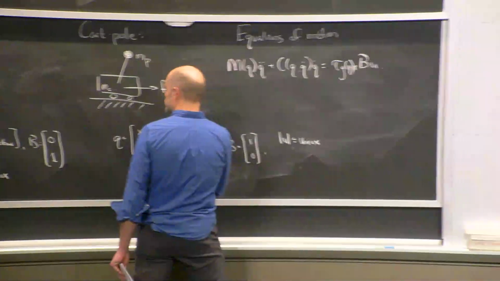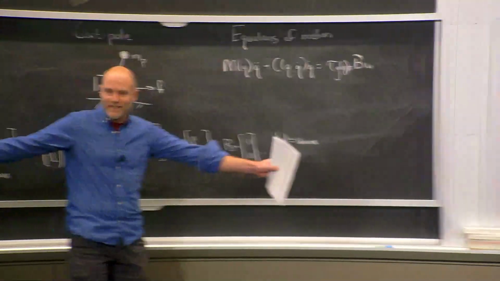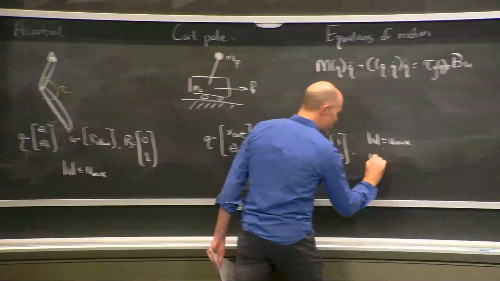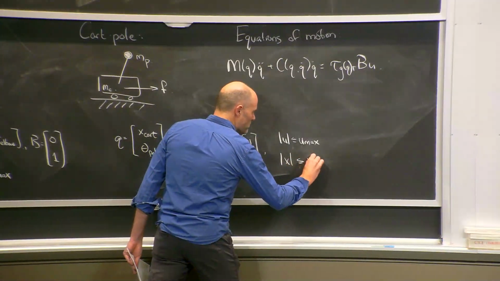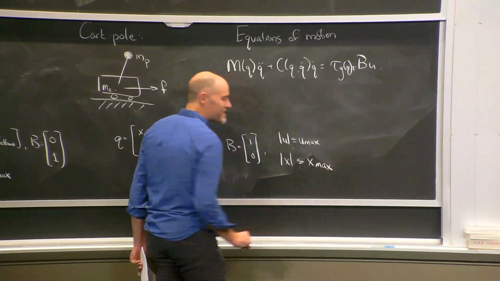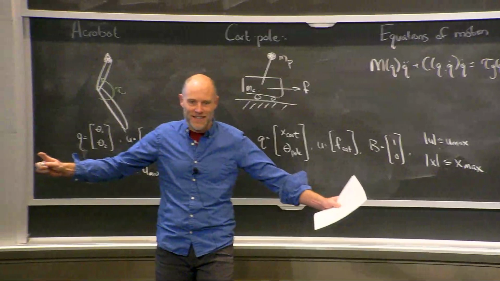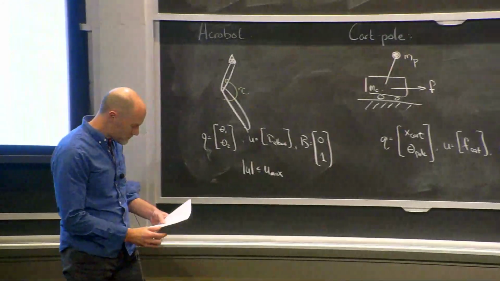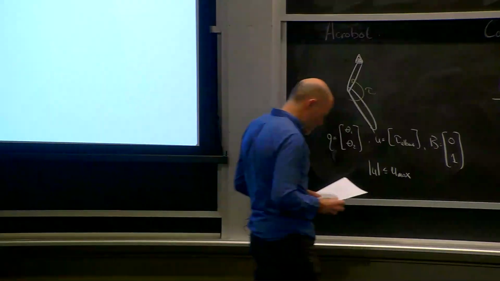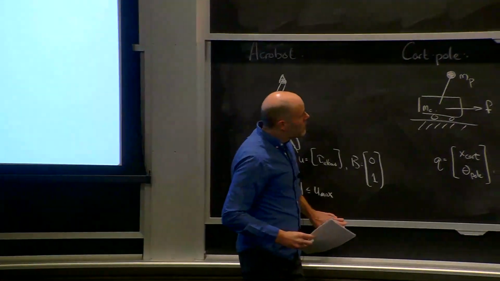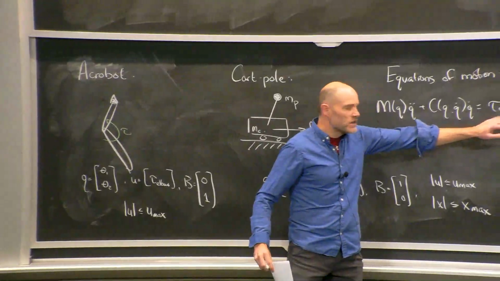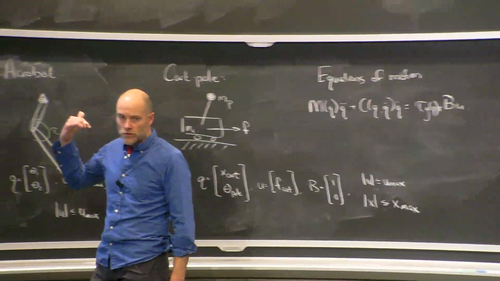And this one, if you noticed in the video, it's hard to make an infinite cart pole. So you also tend to have to think about state constraints, lest you bang into the side of the track, right? And the exact M, C, tau G are, I won't write down, but they're derived in the notes if you care.